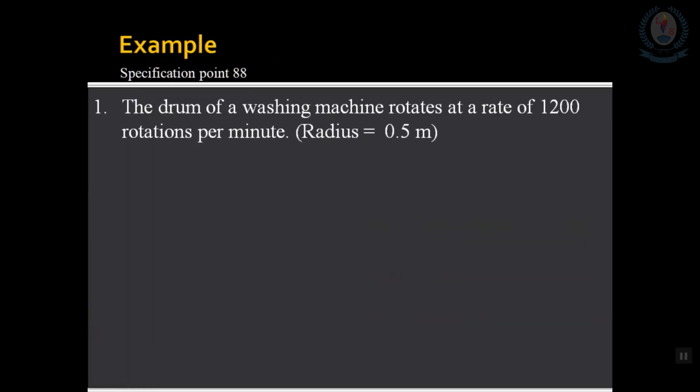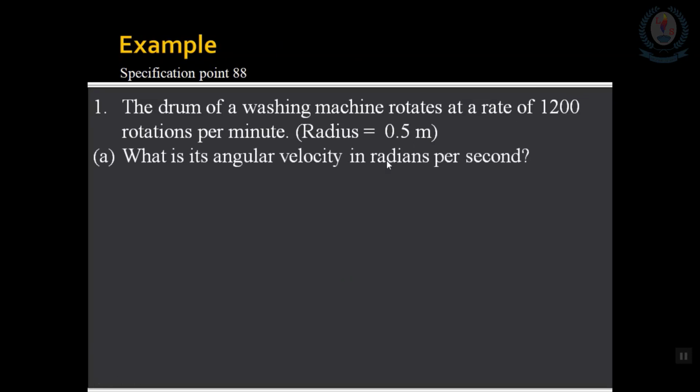Okay, our first example. The drum of a washing machine rotates at a rate of 1200 rotations. 1200 rotations means one rotation 2 pi radians, 1200 into 2 pi radians. And the radius is also given. What is its angular velocity in radians per second?